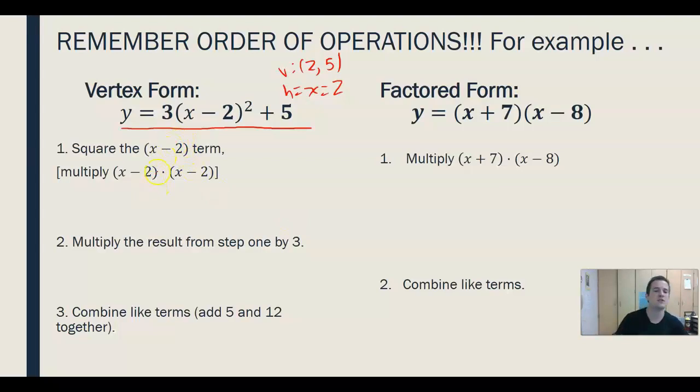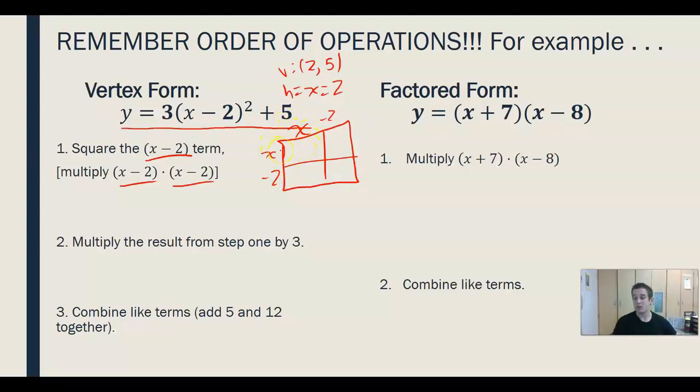So here's what I'm going to do. I have (x minus 2) squared, this term right here. I'm going to square the x minus 2 term, or in other words, multiply (x minus 2) times (x minus 2). There are two ways you can go about thinking about this. Some of you really like the box method, where I'd set up this 2 by 2 box, and then multiply all of these terms together and get x squared, negative 2x, and a positive 4.